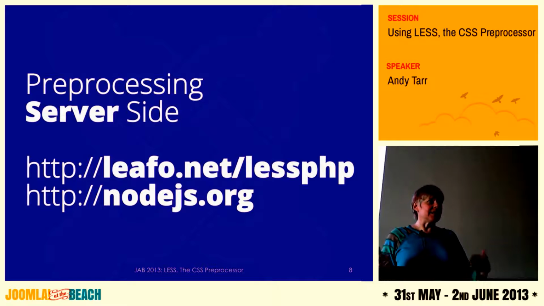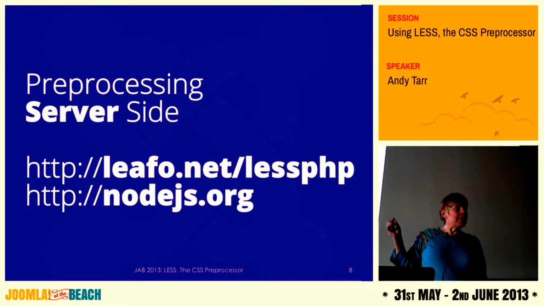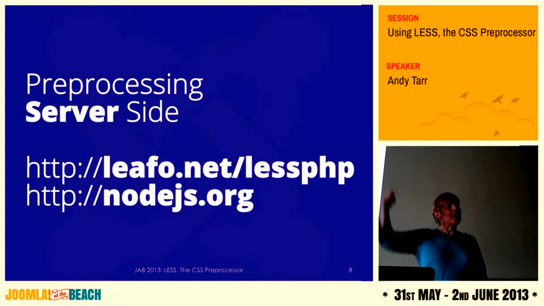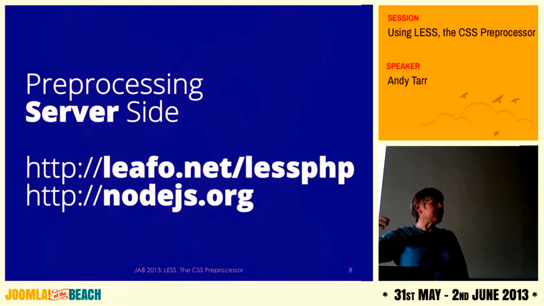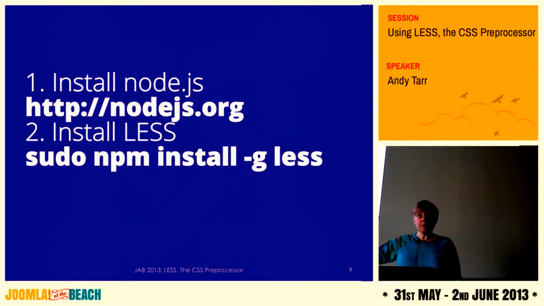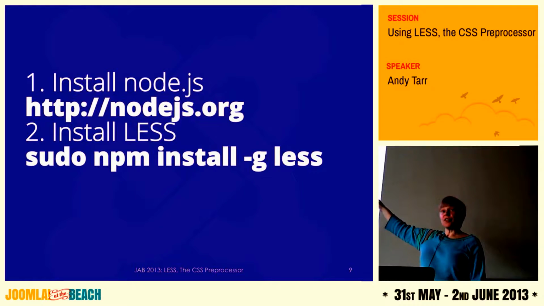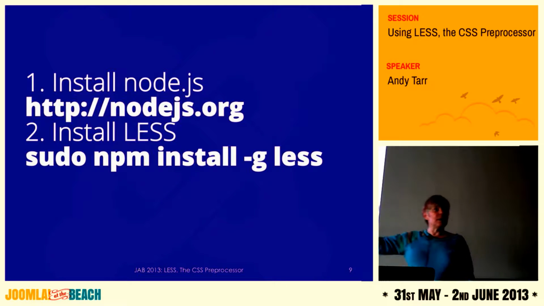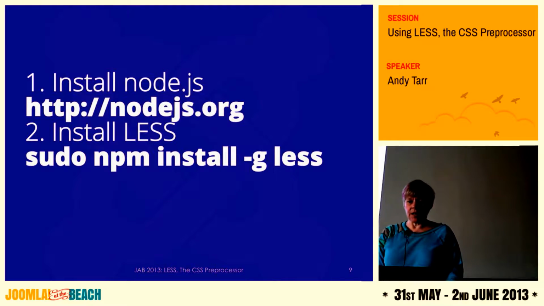So if you're doing anything that's Linux-based like the Mac, you need to sudo it in there. And npm is an installer that Node uses, other things use too, but it comes with Node, that will actually go out and get what it is from online and bring it in and do the install for you. So if you do the sudo, says I'm doing this as the administrator, the npm will then do install -g, which means it's going to go globally, and then less, and it'll go out and grab the less for you and install it.